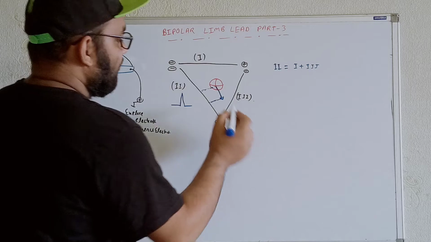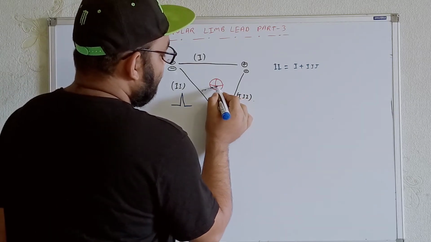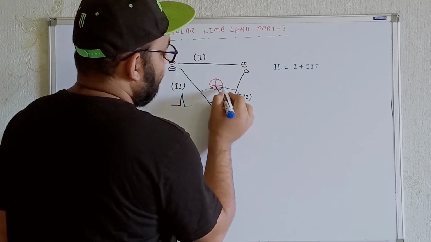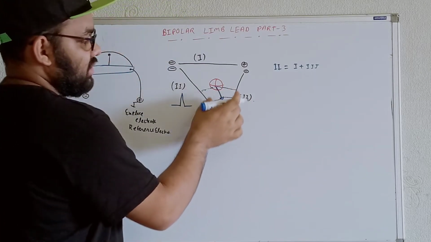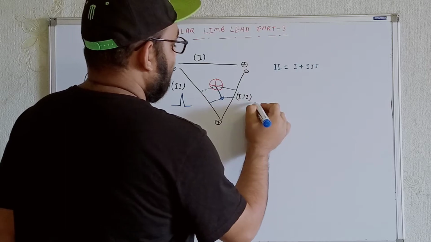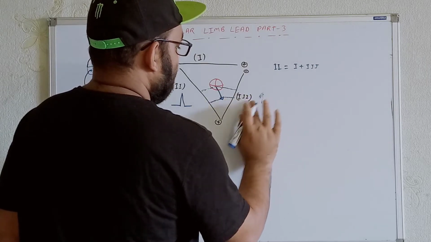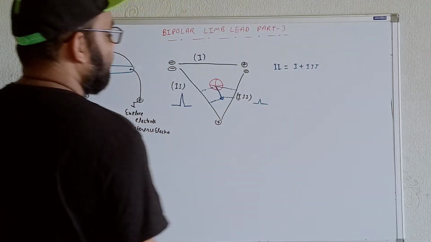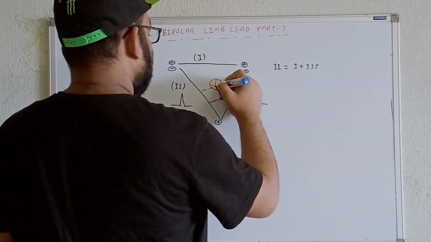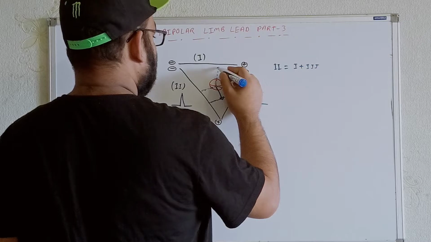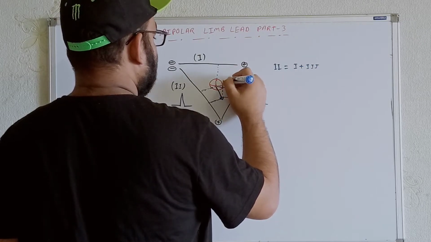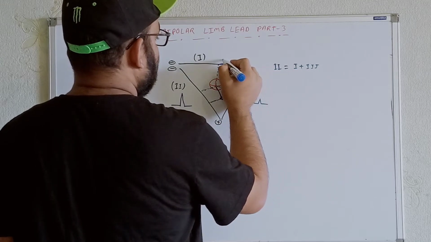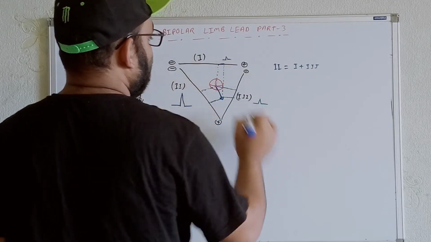Now see in lead number 3, we'll get little portions that will be perpendicular to the major ventricular depolarization axis. So here we'll get little fluctuations. And in lead number 1, if we make the perpendicular, we'll get only this much portion, so we'll also get small depolarizations over here.